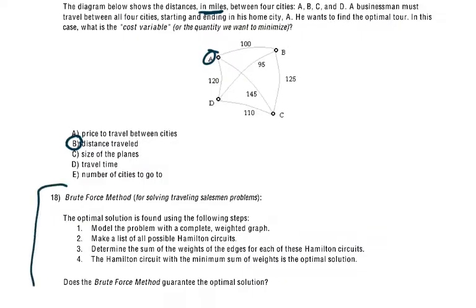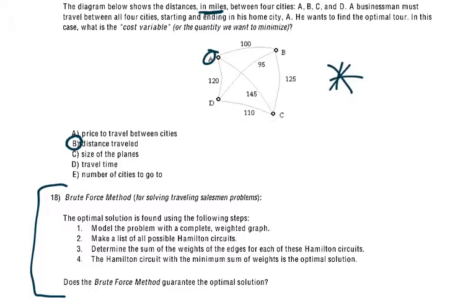Just this brute force method before we actually attempt one of these. A brute force method for a traveling salesman problem is literally looking at all the possibilities and calculating the cost variable in each of the scenarios. So what you do is you model the problem with a complete weighted graph like the one in this example.